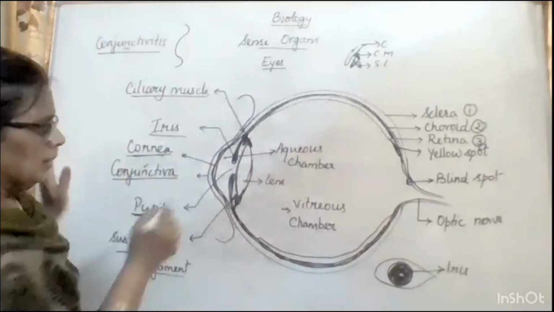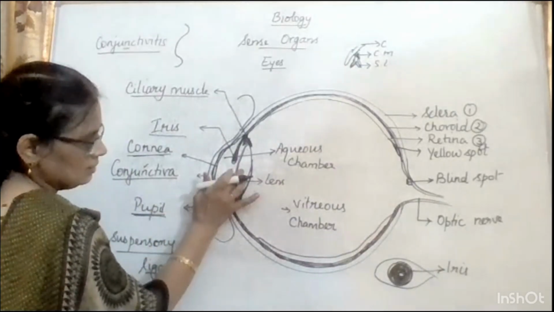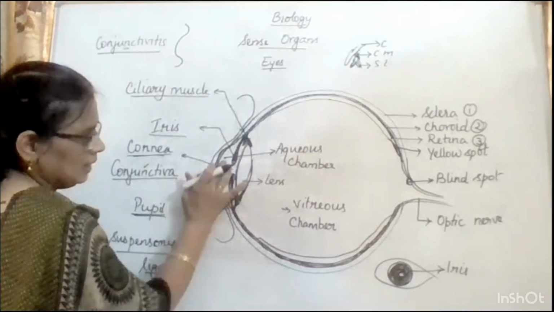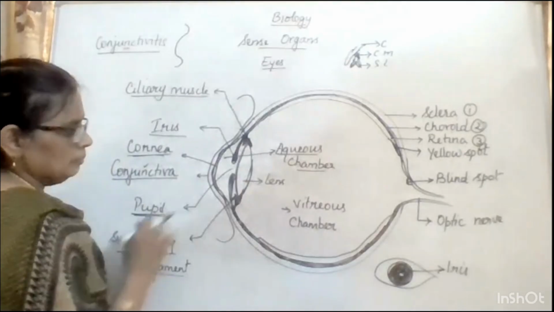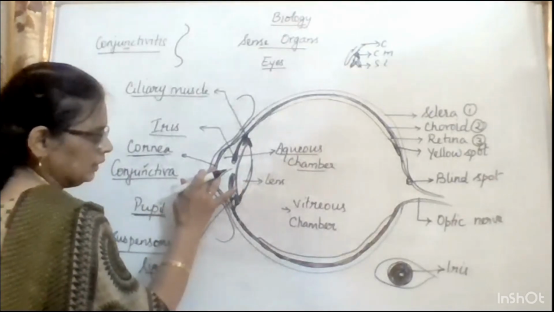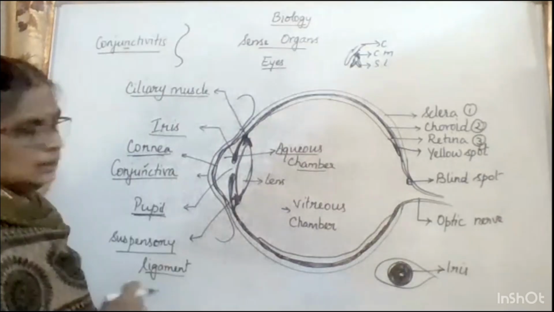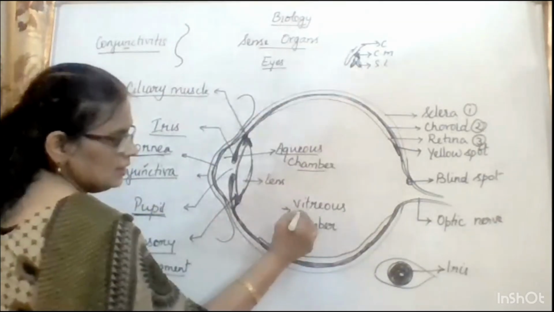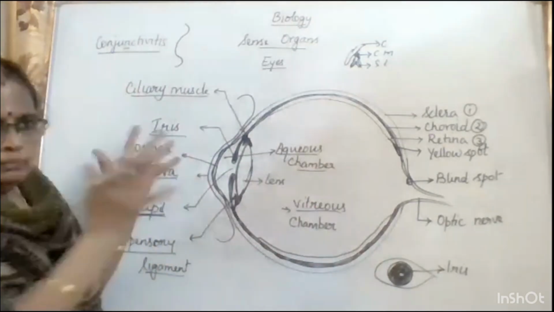Right, children? Then there is a gap between cornea and lens. This is cornea, this is lens. This gap is known as aqueous chamber. The gap between cornea and the lens is the aqueous chamber. Inside, this is a cavity, like a ball.